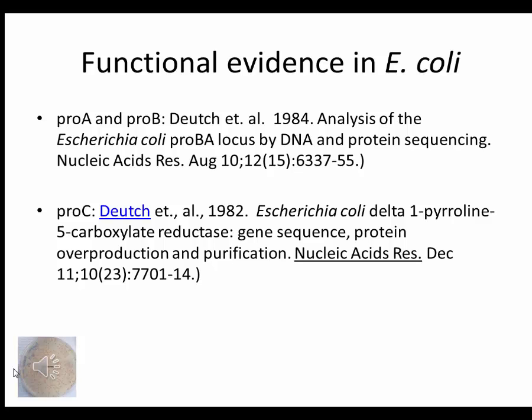The activity of the enzyme produced from each clone was measured under both inducible and inhibitory conditions. So consequently, functional evidence linking the nucleotide sequence of each gene and their respective enzyme activity has been made. So we're quite confident that the proA, proB, and proC genes produce the enzymes that we just described on a previous slide.